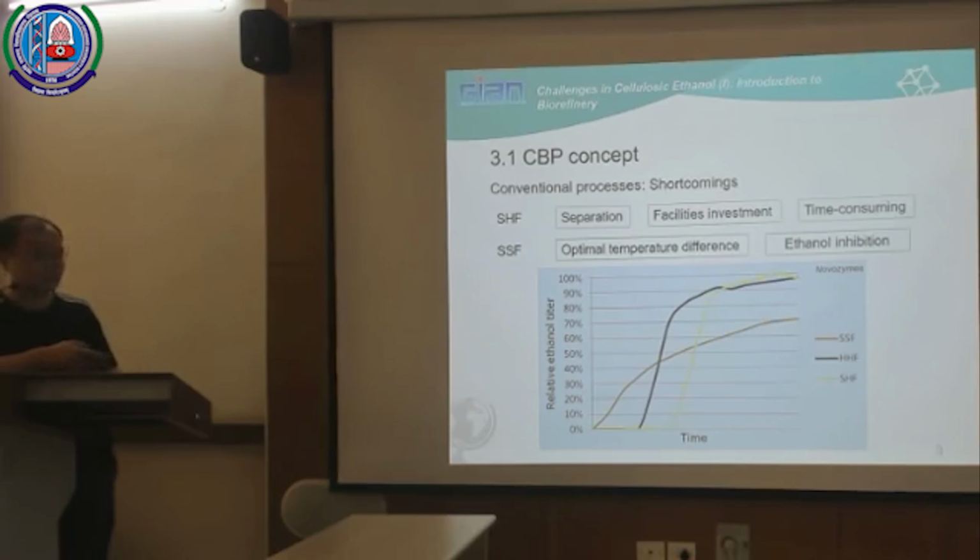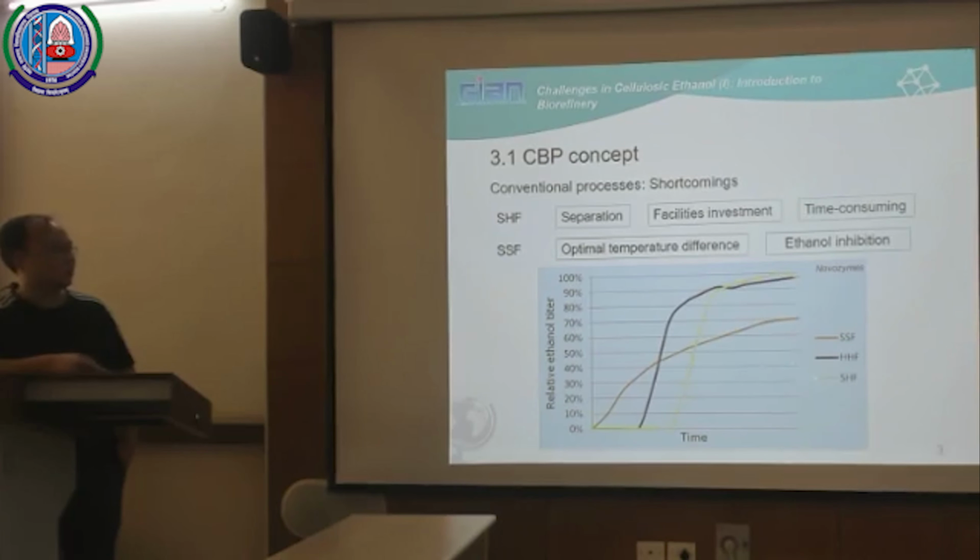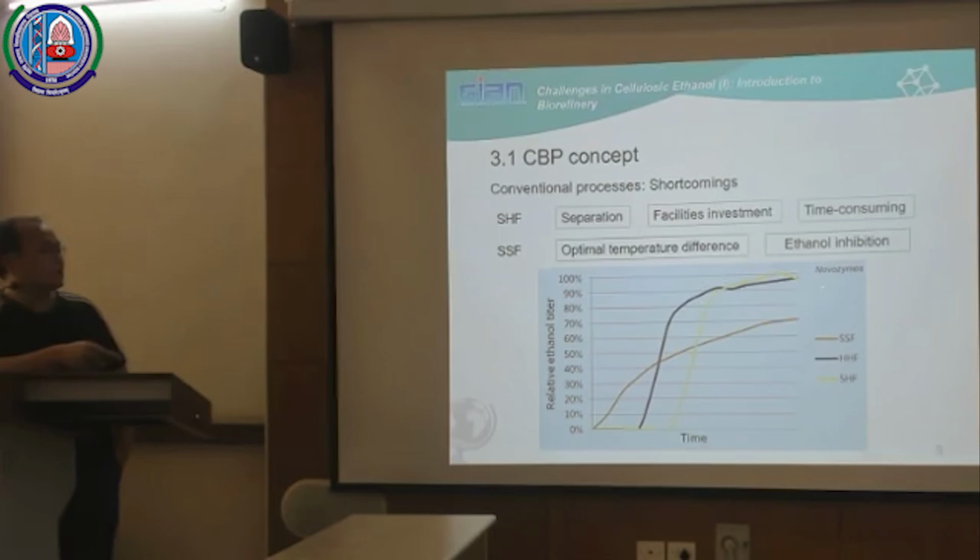After 12 hours of hydrolysis, the enzyme has digested maybe 30% of the cellulose, and the glucose concentration is higher than at the initial stage. And the fermentation microbes can start the fermentation at a relatively higher conversion rate. HHF is better than the conventional SSF. Not only the ethanol titer, but also the conversion rate is very good.